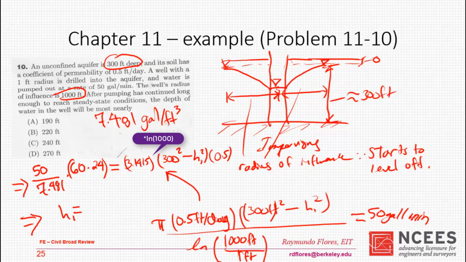So hold on. 50 divided by 7.481, and then divide by 0.5, divide by 3.1415, and then 300.